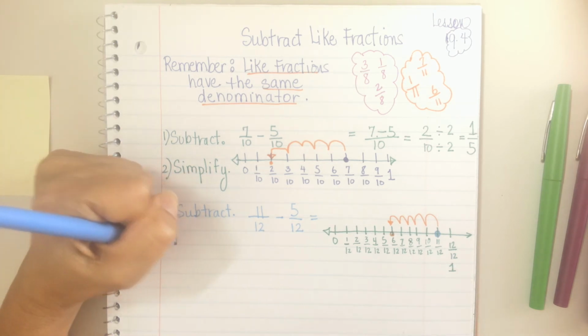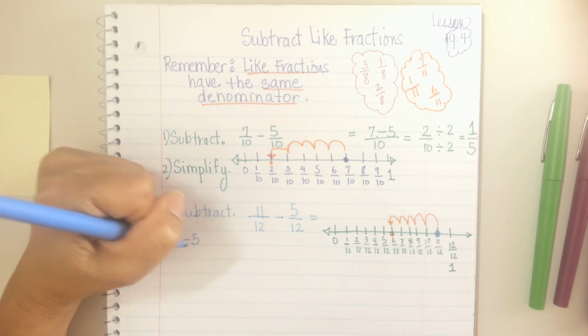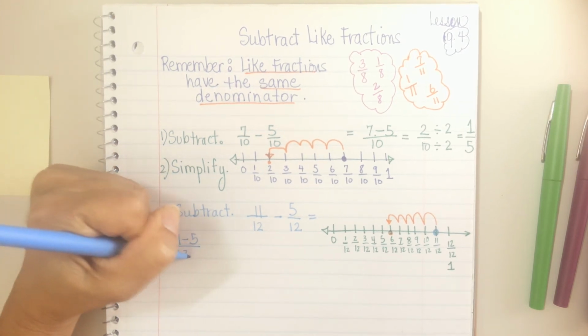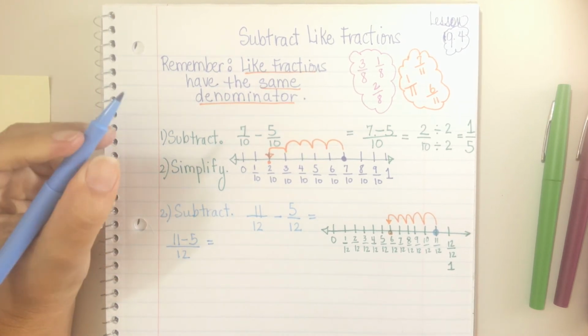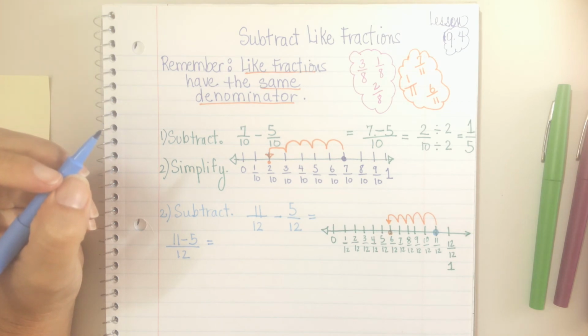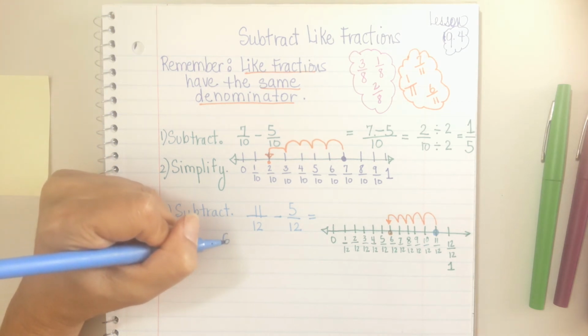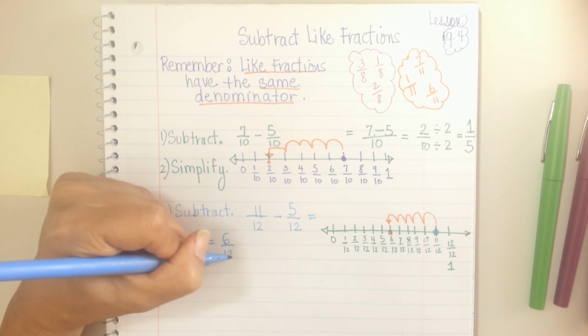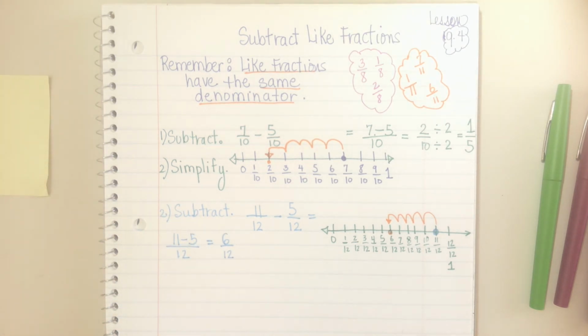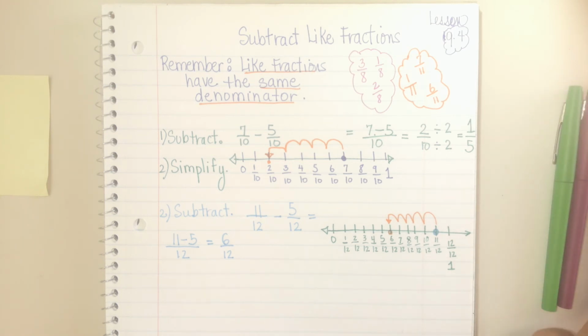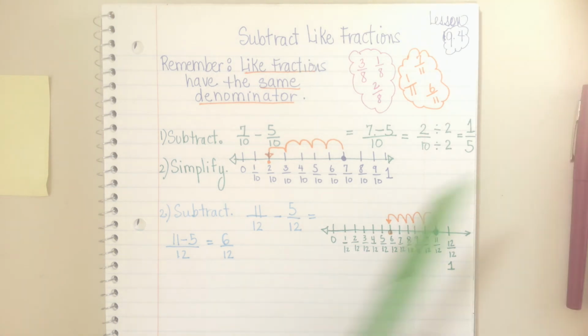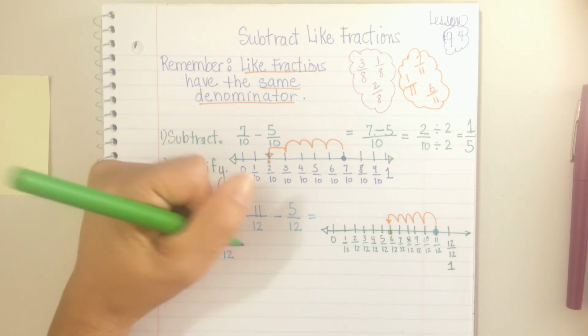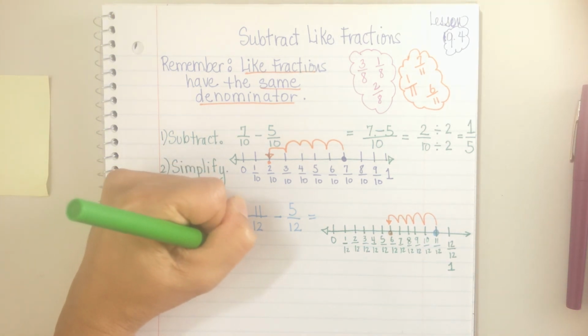Okay, now showing it the new way that the book showed, you can see that 11 minus 5 equals 6, and your denominator is 12. So we're at 6/12. Okay, I hope some of you have memorized what benchmark fractions are. You should know what that equals. We're going to take the greatest common factor.